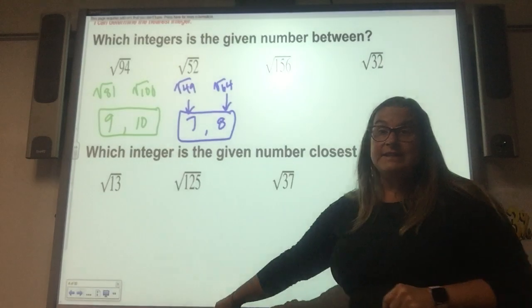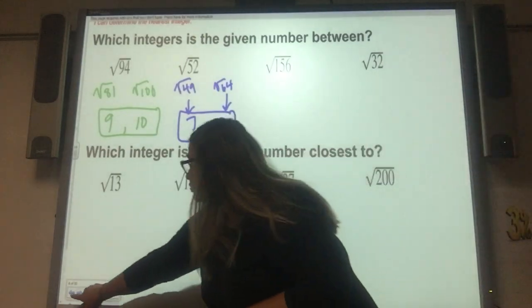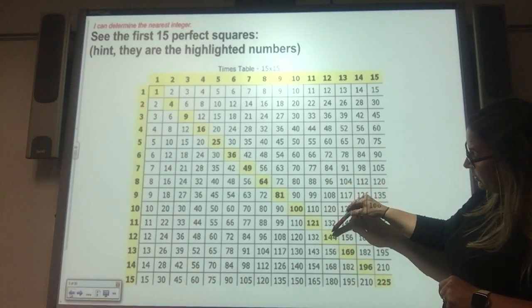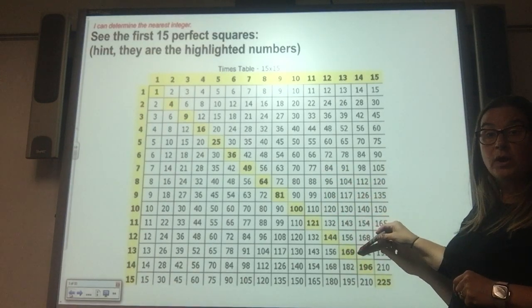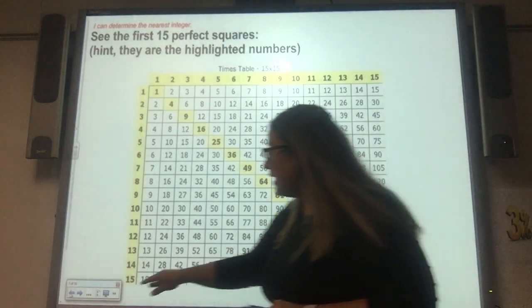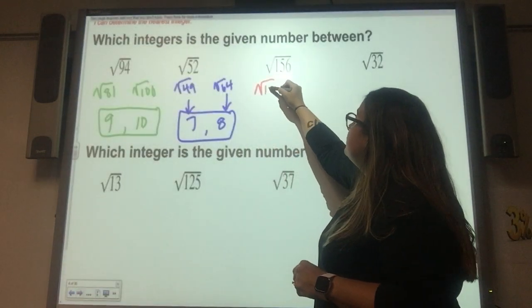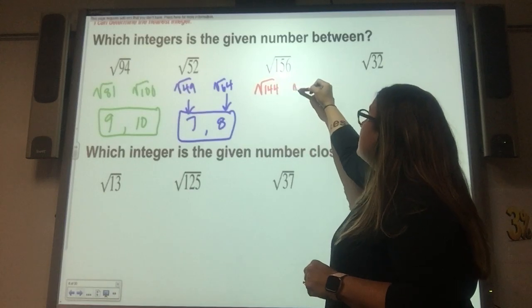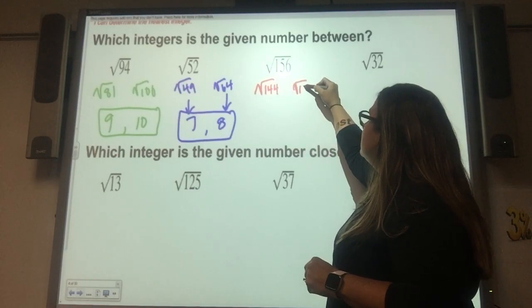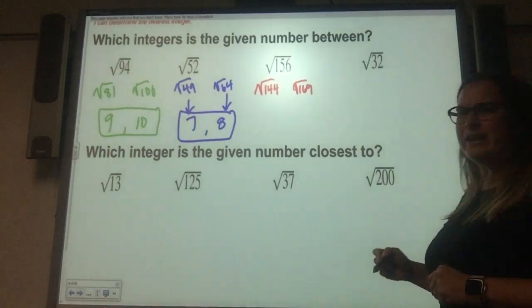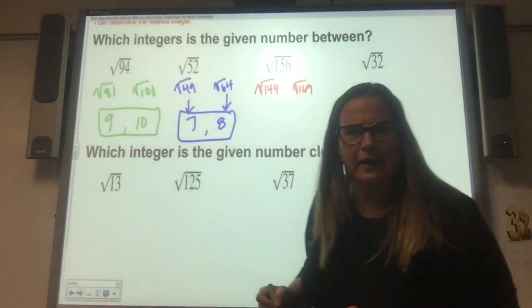Looking at 156, I'm going to go back to my chart. 156 falls between 144 and 169. So the square root of 156 is between the square root of 144 and the square root of 169. And so I had to think for a minute, you guys. I didn't know that one off the top of my head.